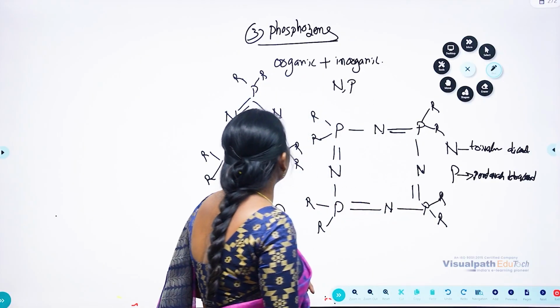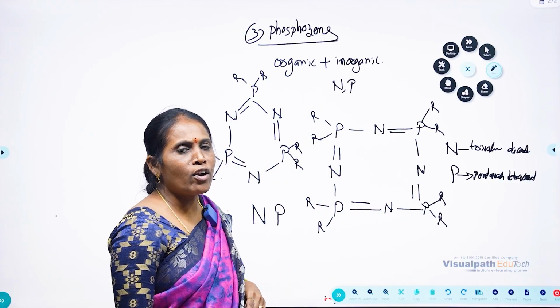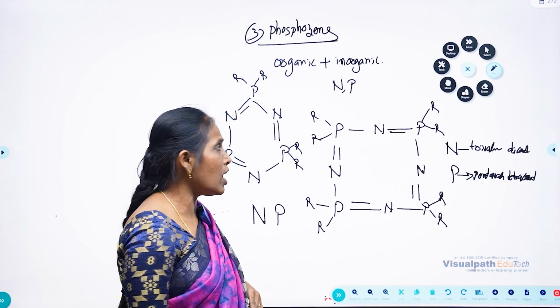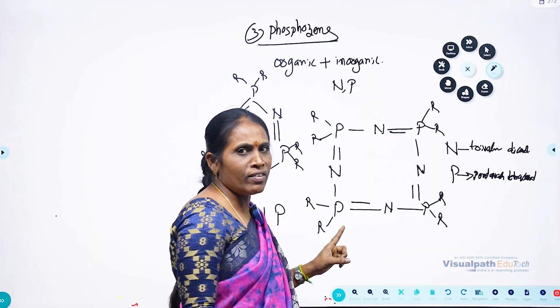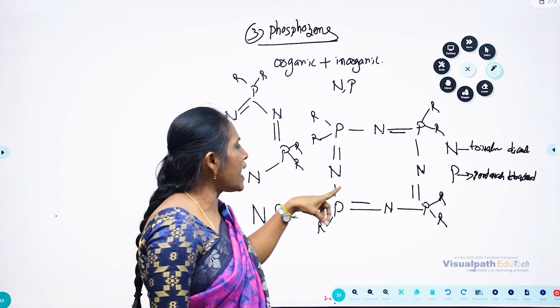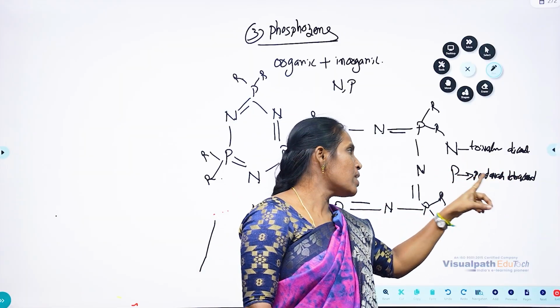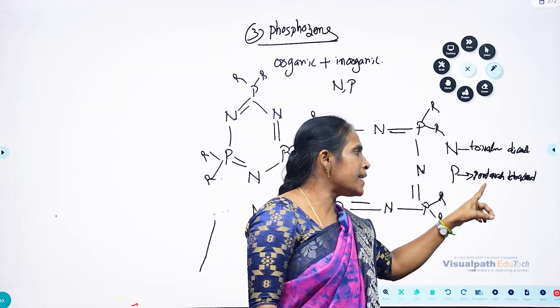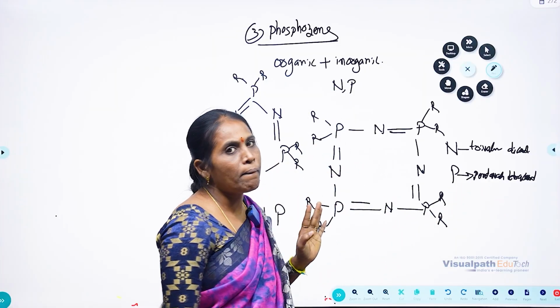Okay, clear? Phosphazenes have inorganic nitrogen and phosphorus with organic alkyls, present alternately with alternating double bonds. It is about the phosphazene.